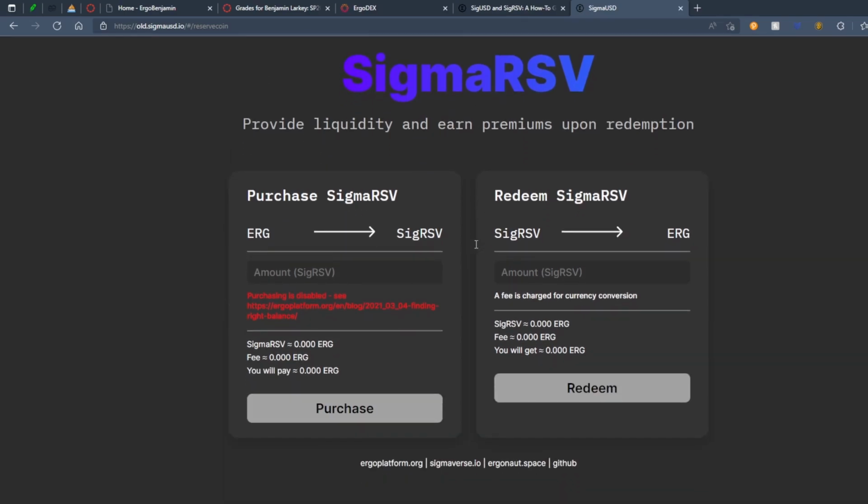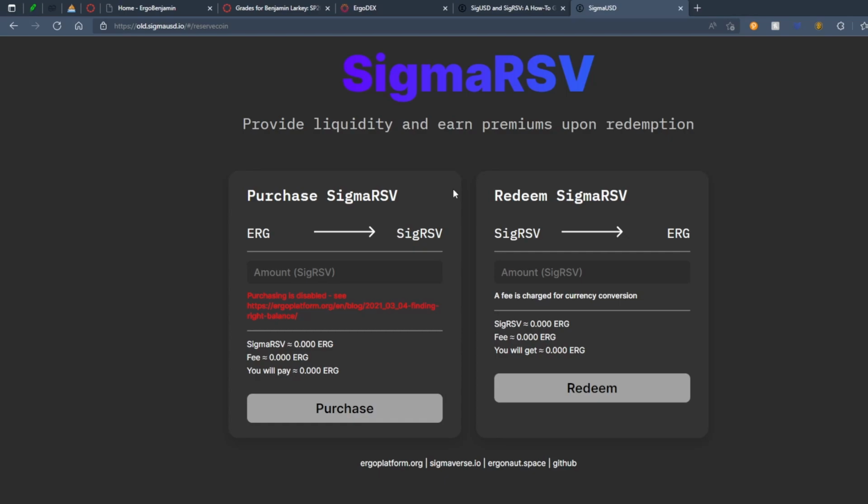SigRSV is a little bit different. So there's providing liquidity, kind of like ErgoDex, and then earn premiums upon redemption. So imagine this like savings bonds, kind of, or like war issued bonds or something like that, right? So this is kind of how that works. Is there a lot of money to be made here?